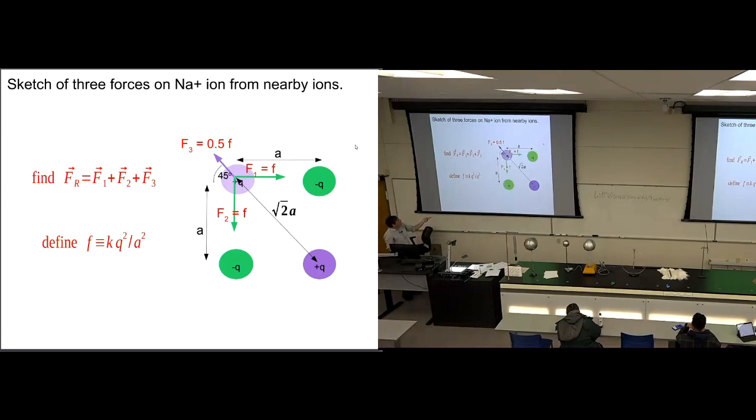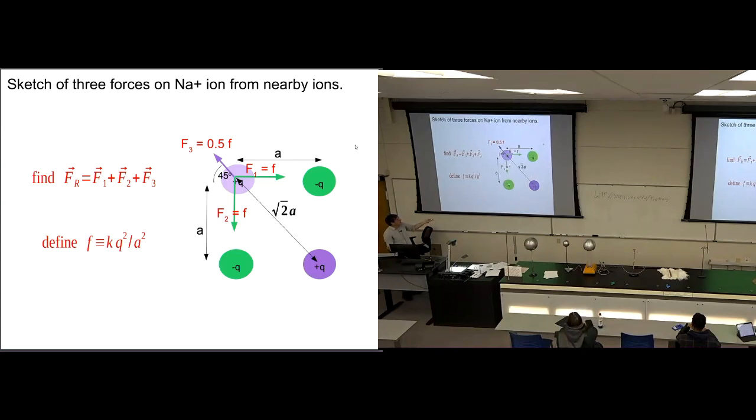We want the force on this top left sodium ion. Its force is going to be the sum of three forces due to the three interactions it has with the three other ions.